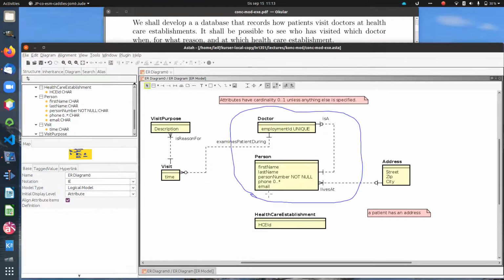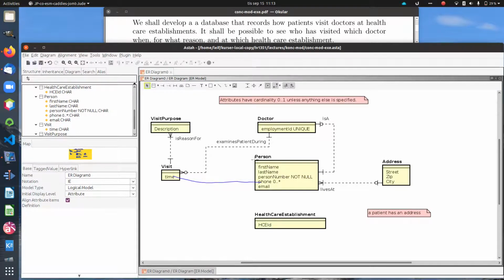So if we now say that we don't care about the profession of patients, whether the patient is a doctor or not, then why do we really need this kind of association between the doctor and the person? So there will of course be some kind of relation here between visit and person.